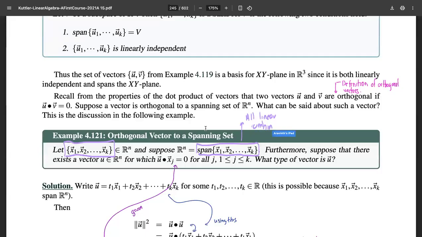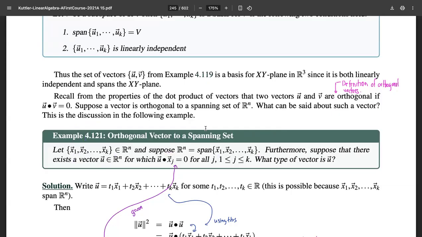And now we want to ask ourselves, if for every vector in this set, my vector u is orthogonal to it, that means u dot xj is equal to 0. I'm using j as a subscript here because I want to show that if I pick any j equal to 1, j equal to 2, or j equal to k, I would get u dot xj equal to 0 for all j. Now, what type of vector is u?